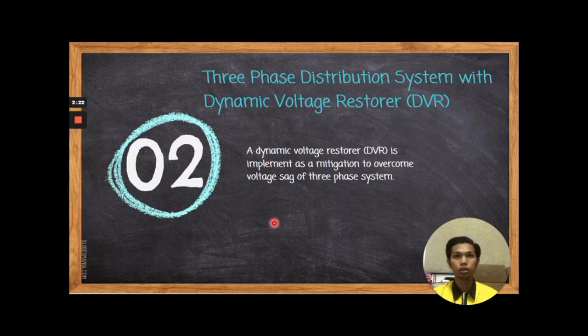So next we go to the second point that I would like to explain, which is the three-phase distribution system with dynamic voltage restorer, DVR. This is the mitigation that we chose for the circuit. A dynamic voltage restorer, DVR, is implemented as a mitigation to overcome voltage sags of the three-phase system.